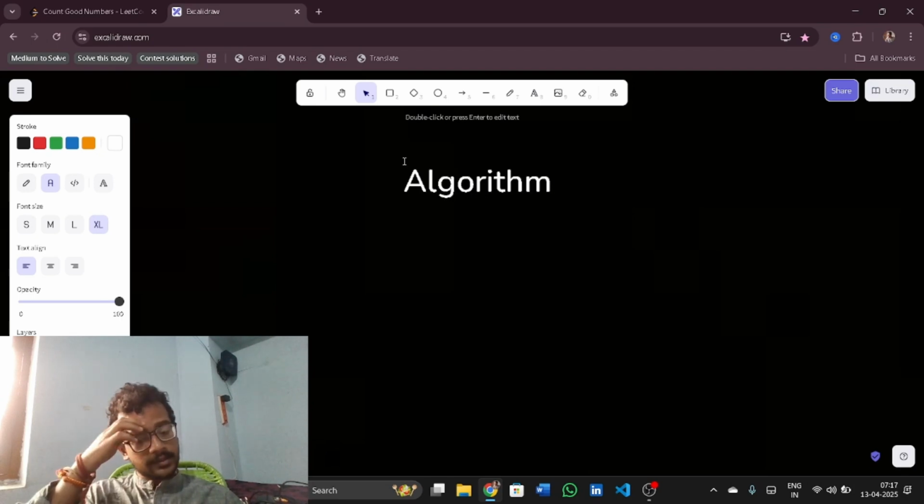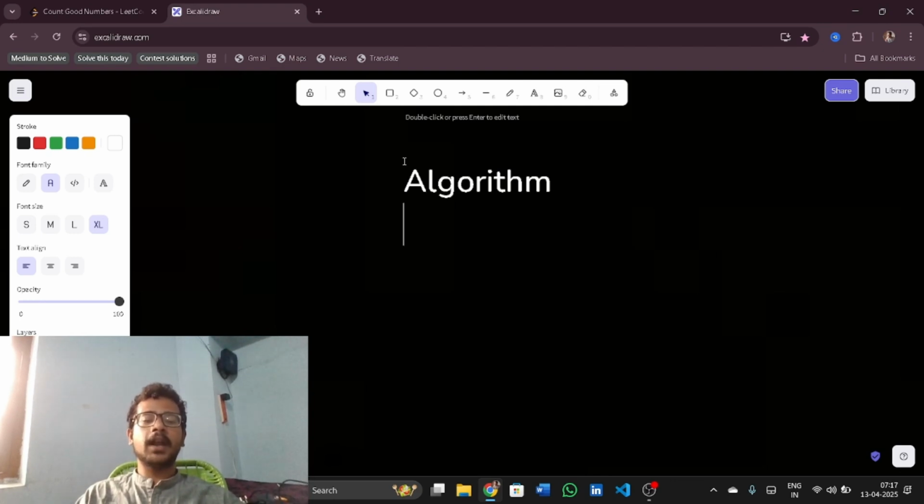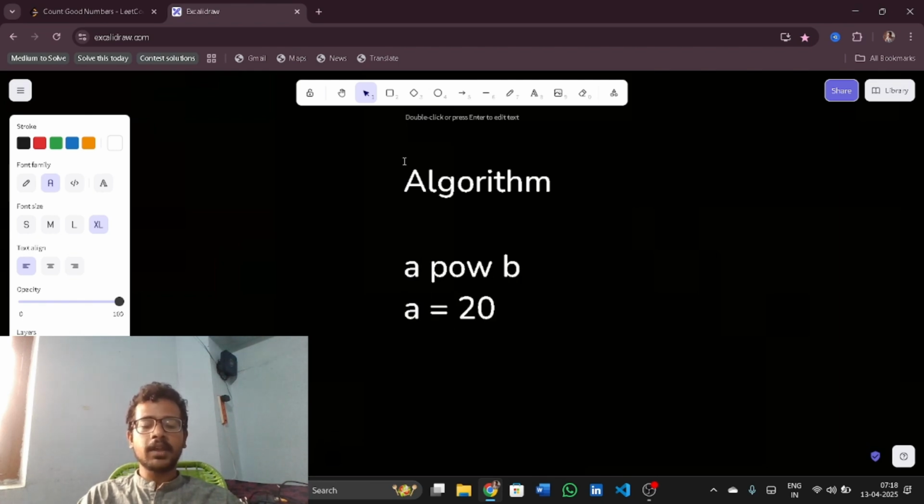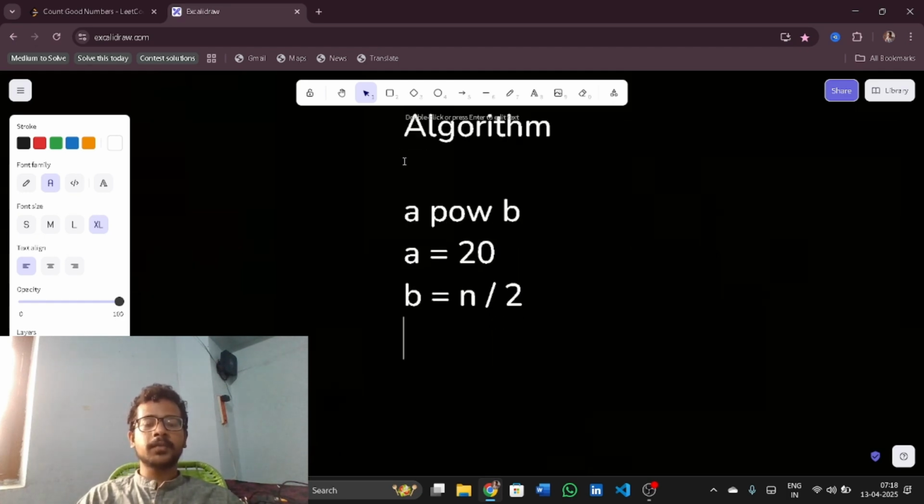Now the algorithm is something like taking indices at index 0 and index 1. If we need to take a power b, a is already equal to 20 and b is n by 2. Now we'll have this in result.